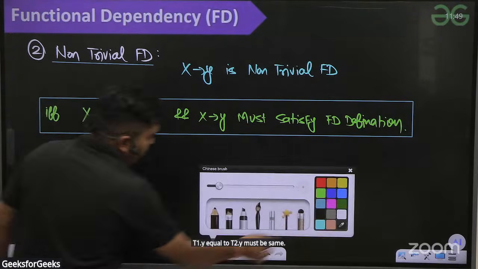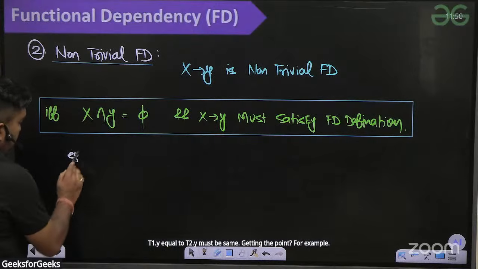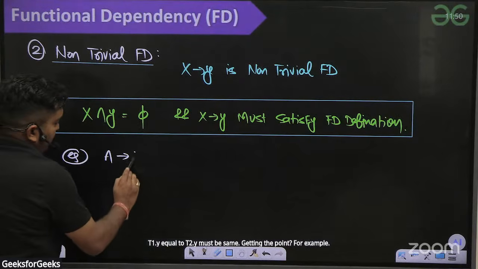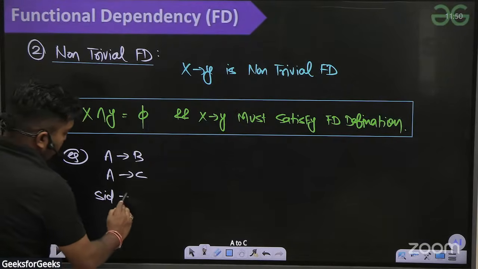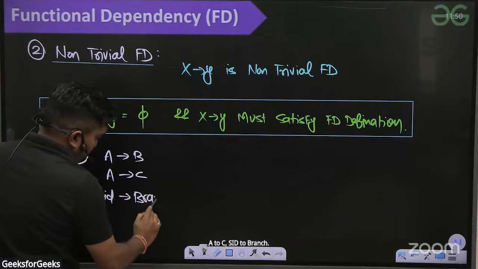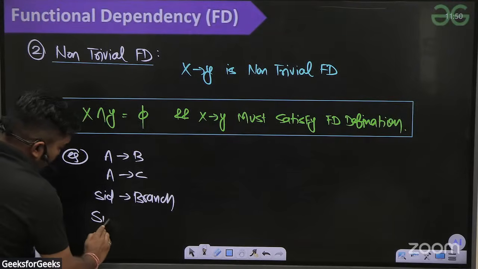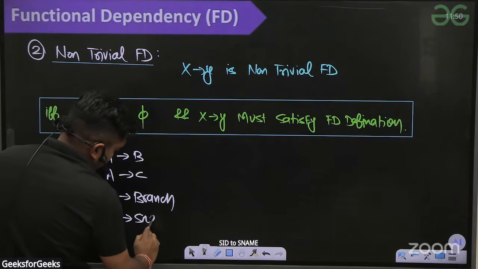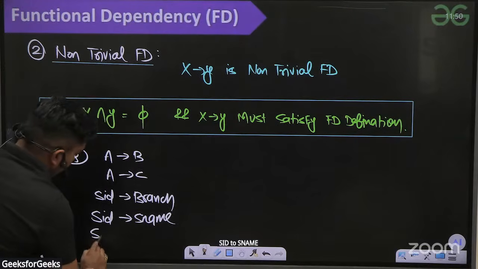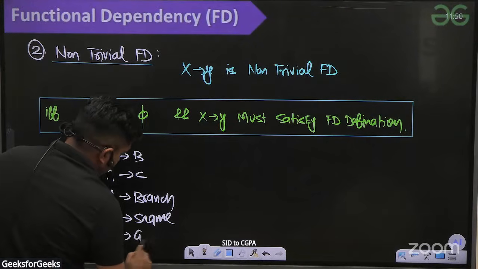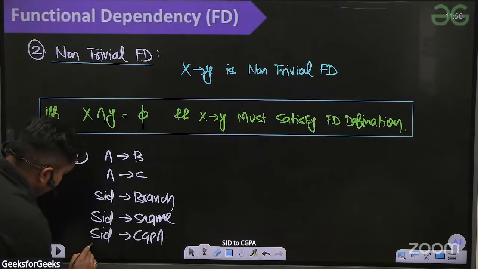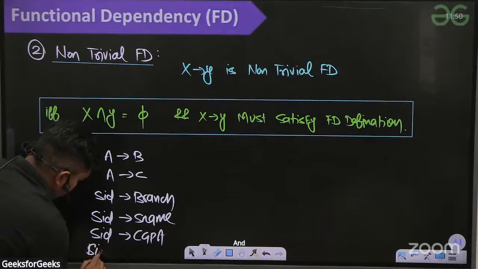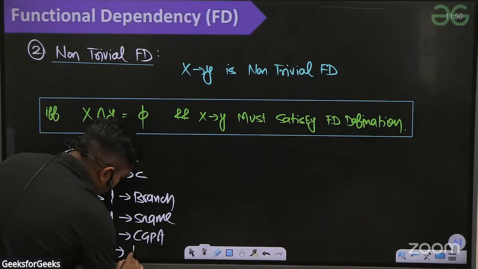For example, A to B, A to C, SID to branch, SID to S name, SID to CGPA, SID to course.